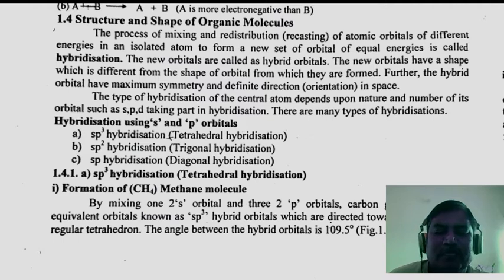Okay, for example, in atoms there is the presence of four different types of atomic orbitals. Which ones? A simple atom like hydrogen contains an s orbital.